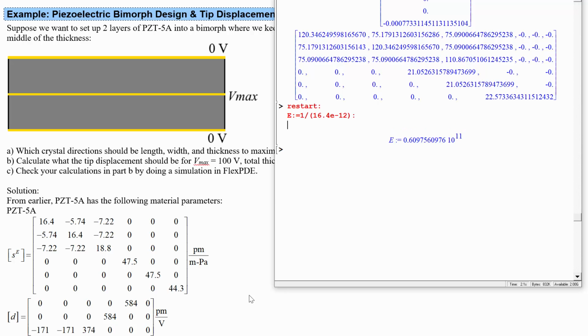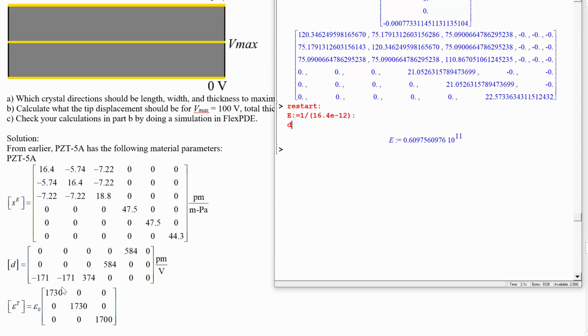Next thing we're going to need the coupling coefficient of the electric field in the Z direction to the strain in the length direction. And for us, that's D32. D32 is negative 171 E minus 12.